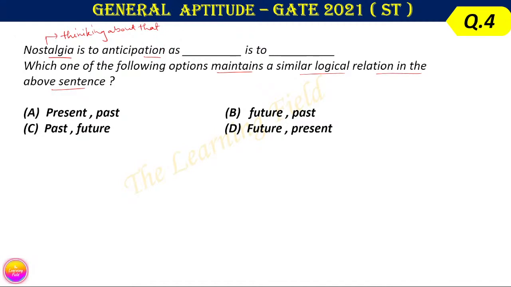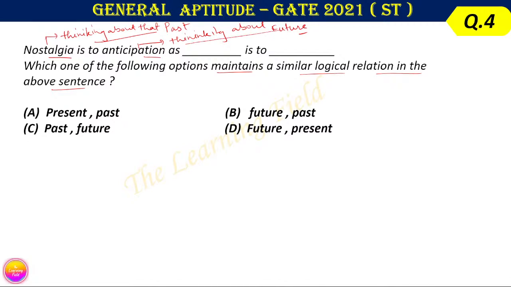This type of word, you can say nostalgic, you can say nostalgia, thinking about the past. Similarly, anticipation means thinking about what? The future, okay, thinking about the future. So nostalgia means thinking about the past and anticipation means thinking about the future.